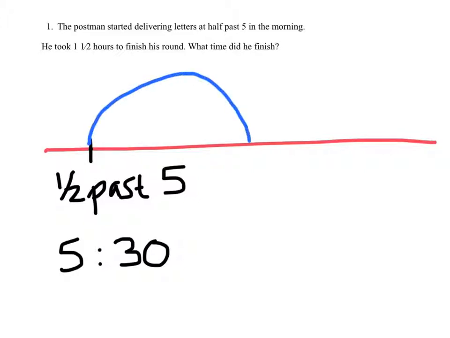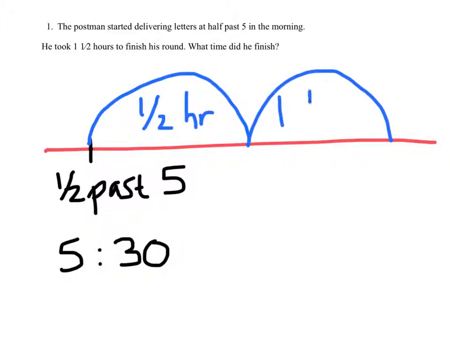So if we add on the half an hour first, and then the hour second, that's 1.5 hours. Because of the time 5:30, it's easy to add the half an hour on first. That means after 30 minutes it would be 6 o'clock. Then an hour after 6 o'clock would be 7 o'clock. So the time he finished was 7 o'clock.